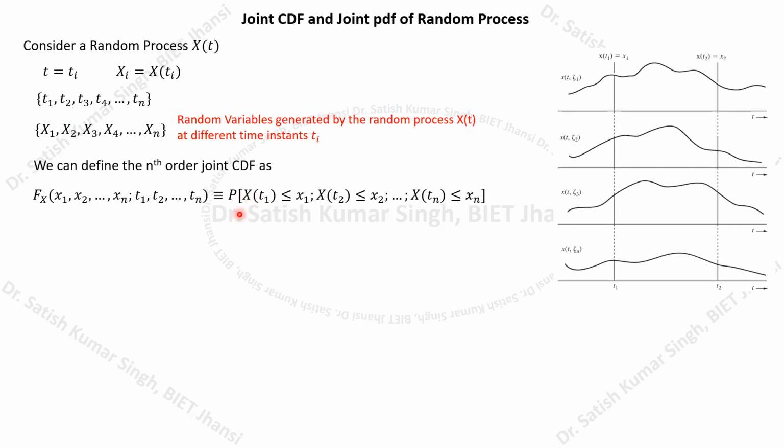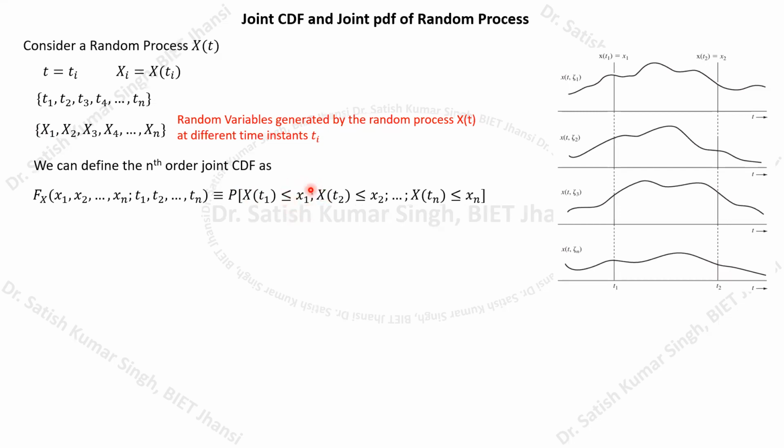So we talk about the probability that, if we do the measurement at time t equals t1, this random variable X1 has a value or outcome less than or equal to small x1. Here this small x1 represents the outcome.